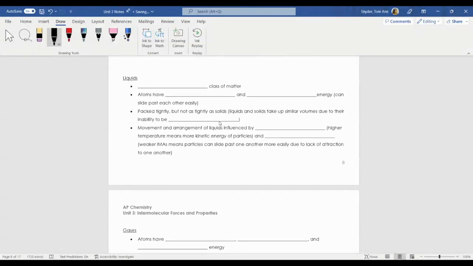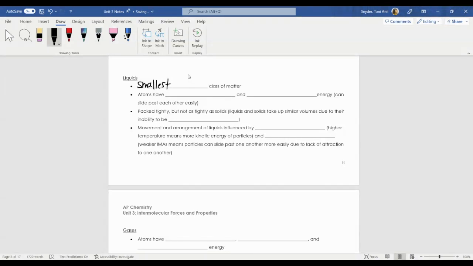Liquids, on the other hand, are interesting because these are the smallest class of matter. We tend to think that there are a lot of liquids because most things that are liquid have water as the solvent. And of course, we know that water is the universal solvent. It dissolves most things because it is a highly polar molecule.